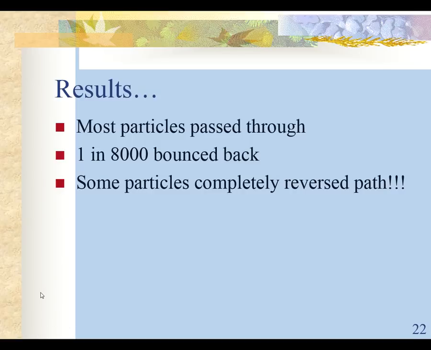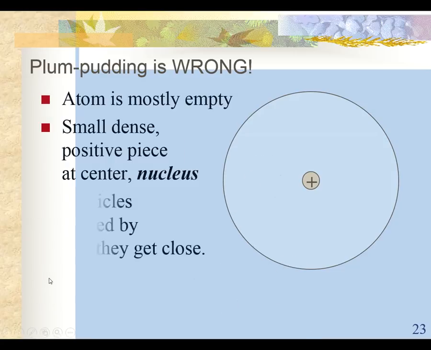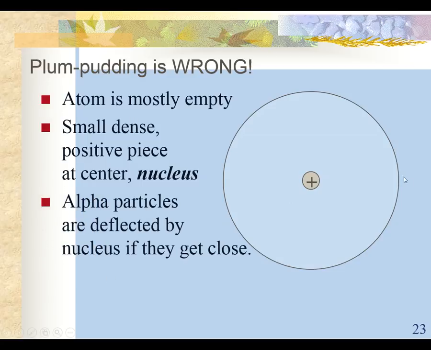So there had to be something in there. Every now and then there had to be some solid unit that these guys were ricocheting off of or bouncing off of. So again, we see that the gold foil experiment proves plum pudding is wrong, because the atom is mostly empty space, but there's this small, dense, positive nucleus, and that when the alpha particles got close to it, it either bounced back or got deflected.